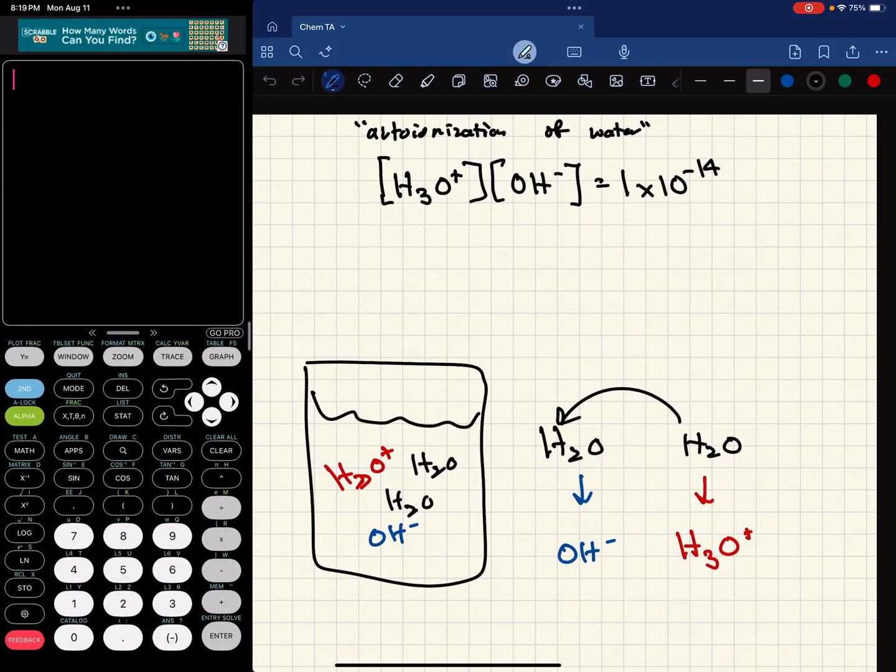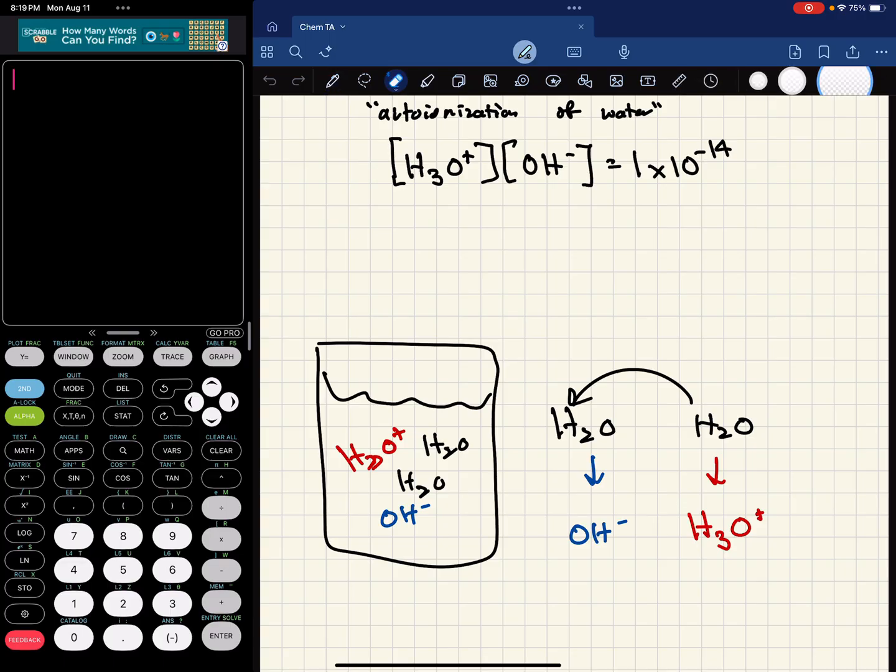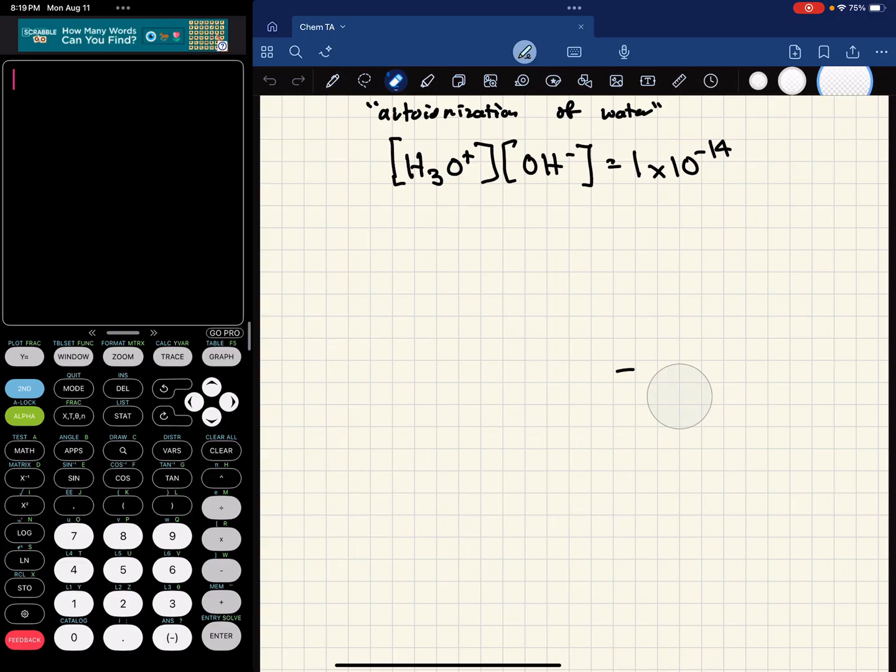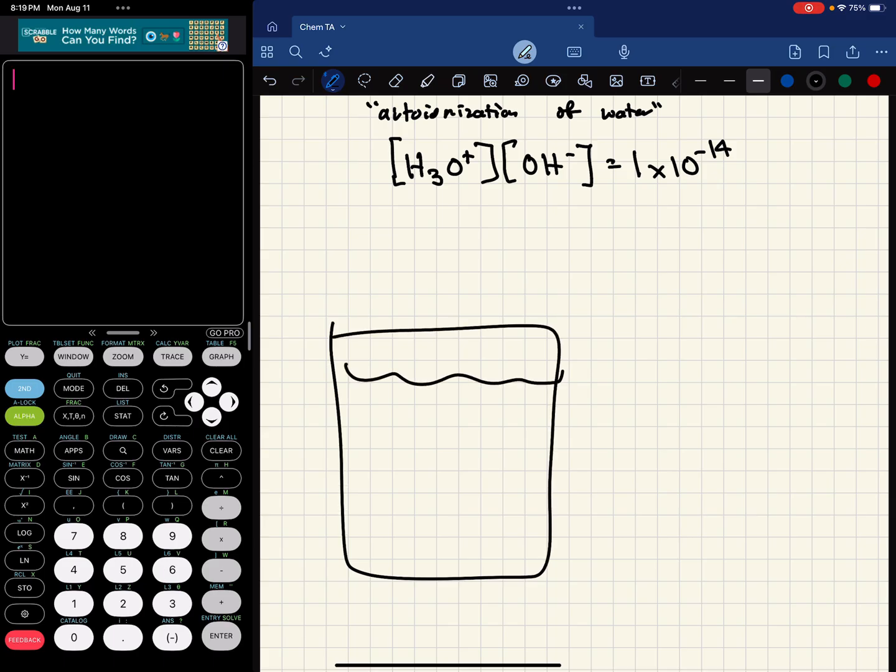Okay, so in water, let me draw my nice cup of water here. Let's say normal water, neutral water has an equal percentage of both ions. If water has a greater percentage of H3O plus ions than it has OH, right?